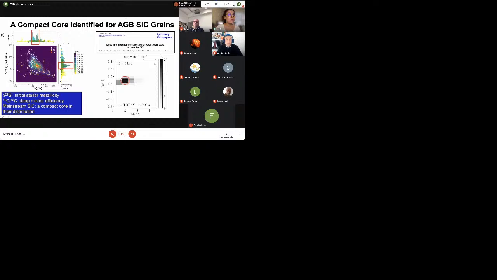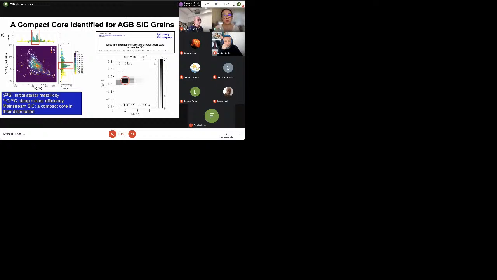In fact, this compact core is nicely explained by another piece of our recent work led by Sergio Cristallo. In this work, Sergio coupled 40 AGB model yields with a galactic chemical evolution model and also a silicon carbide dust production model.